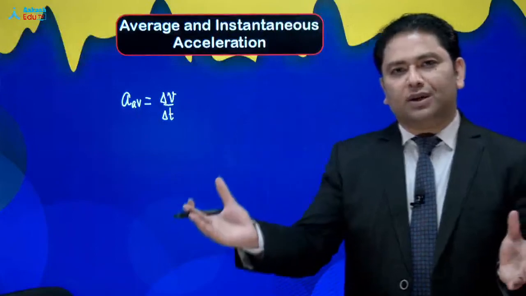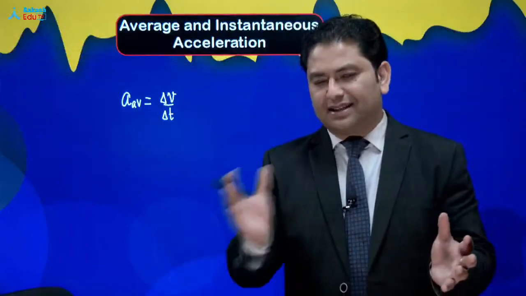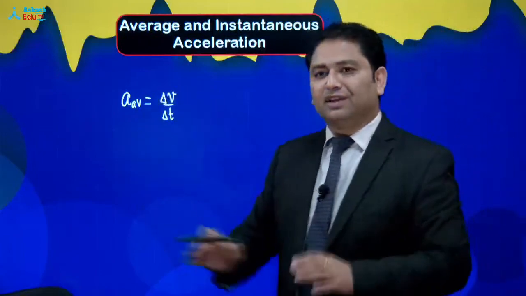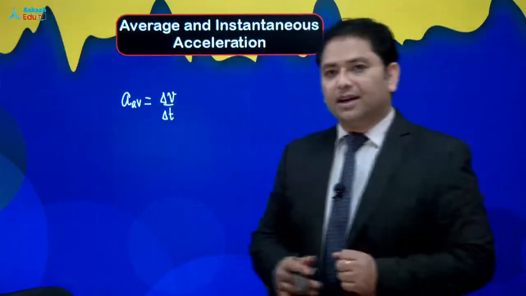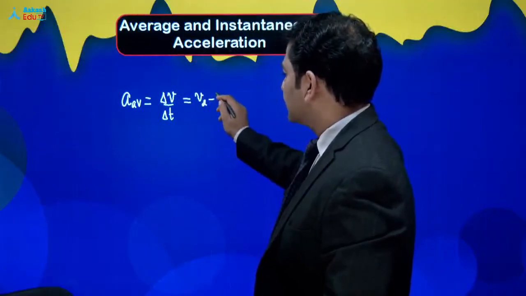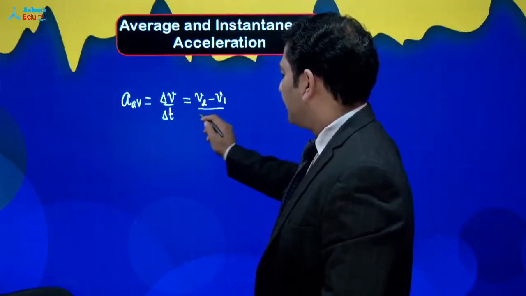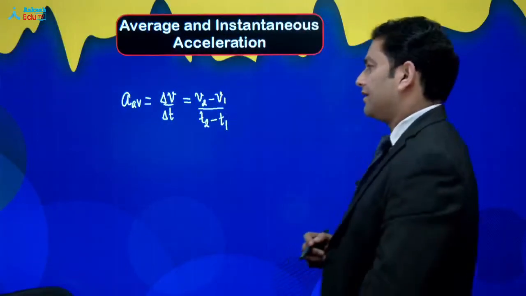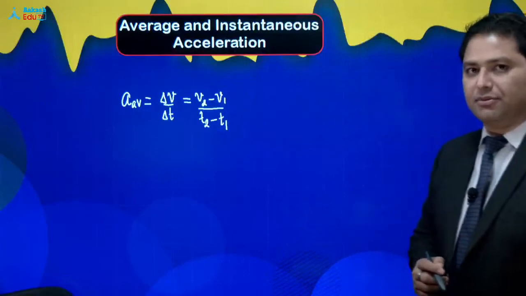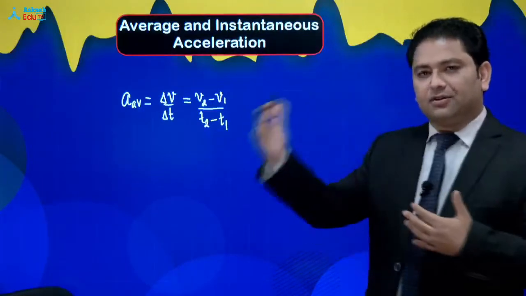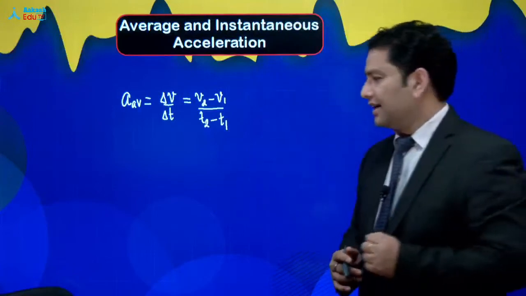So direction will be managed by plus and minus. तो बहुत specifically इसके ऊपर we don't give the vector sign. And इसका मतलब है v2 minus v1 divided by t2 minus t1. That's the average acceleration. जो भी interval आपको दी गई हो between this second to this second, you're going to calculate that.